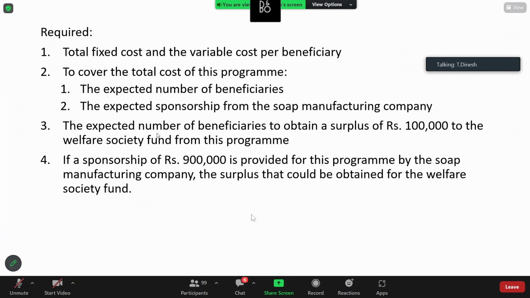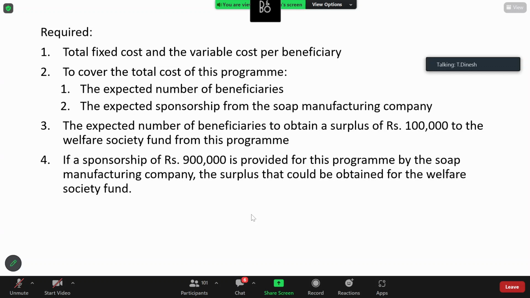Question number 3: the expected number of beneficiaries to obtain a surplus of 100,000 to the welfare society fund from this program. So now we have calculated the break even point. To cover up the cost, we must have 300 participants.